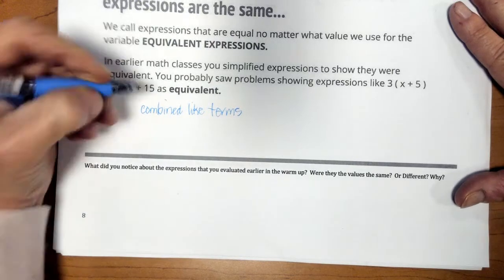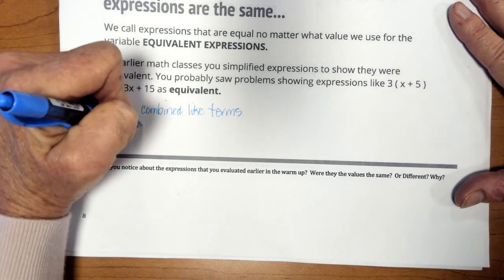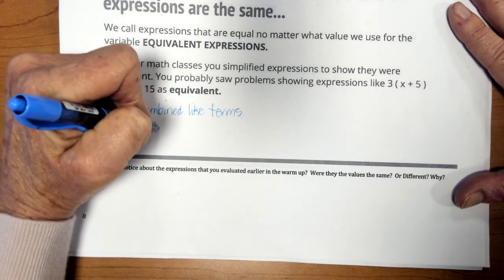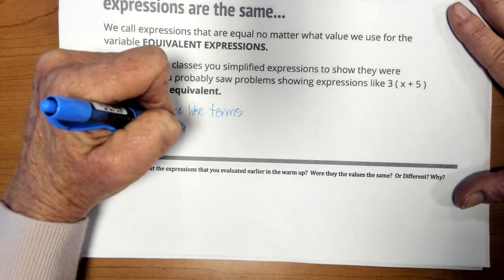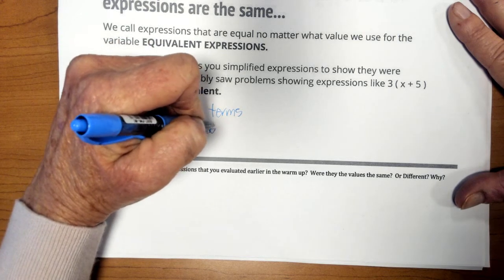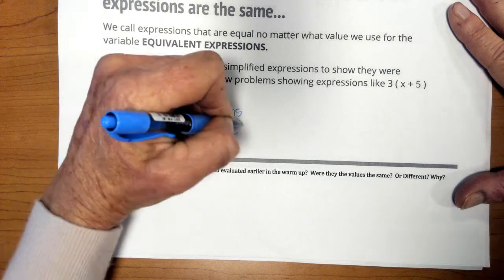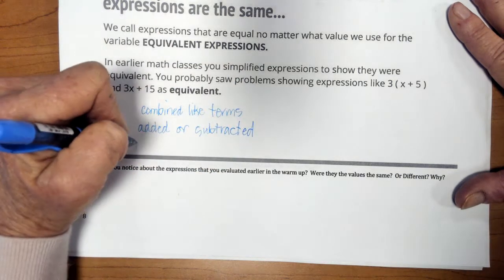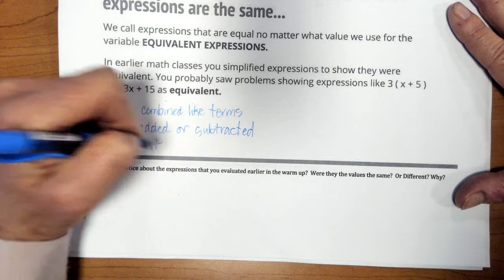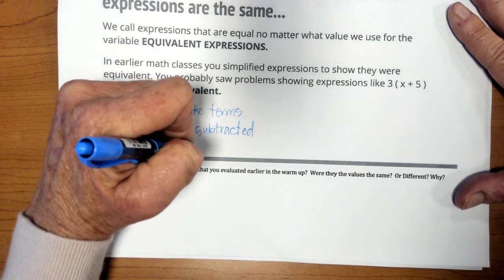What else did you do? You added or subtracted. Maybe you multiplied or divided. Or maybe you even used the distributive property.